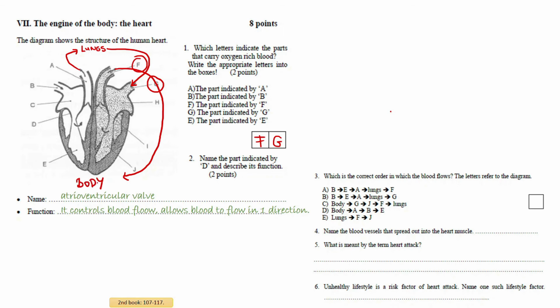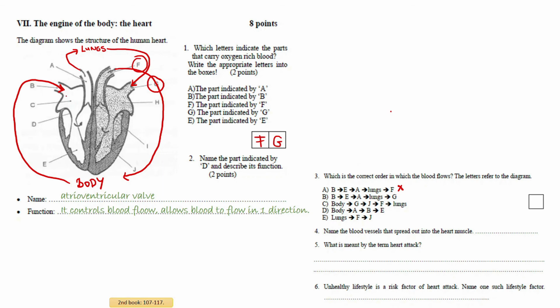Okay, in our tissues, in our cells, basically biological oxidation is taking place, so we use the oxygen, and the deoxygenated blood will travel back towards the heart, and actually the vena cava carries this blood. So out of these options, B, E, A, lungs, F, that's not good.